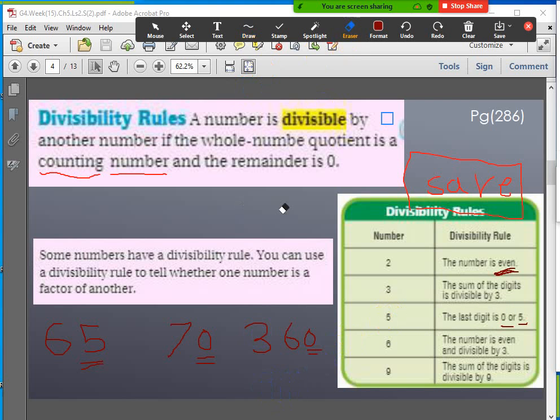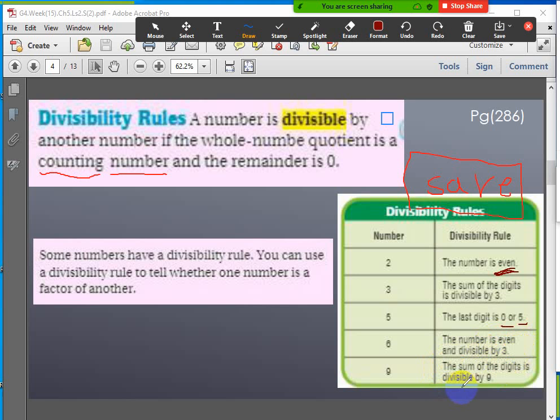Okay, now what is the divisibility rule by 6? Let's read it and take an example. The rule told me the number is even and divisible by 3.